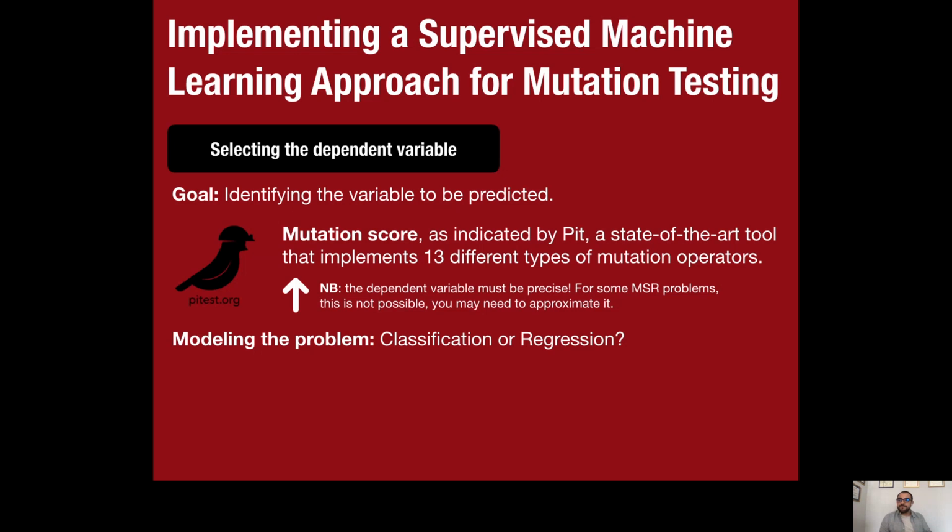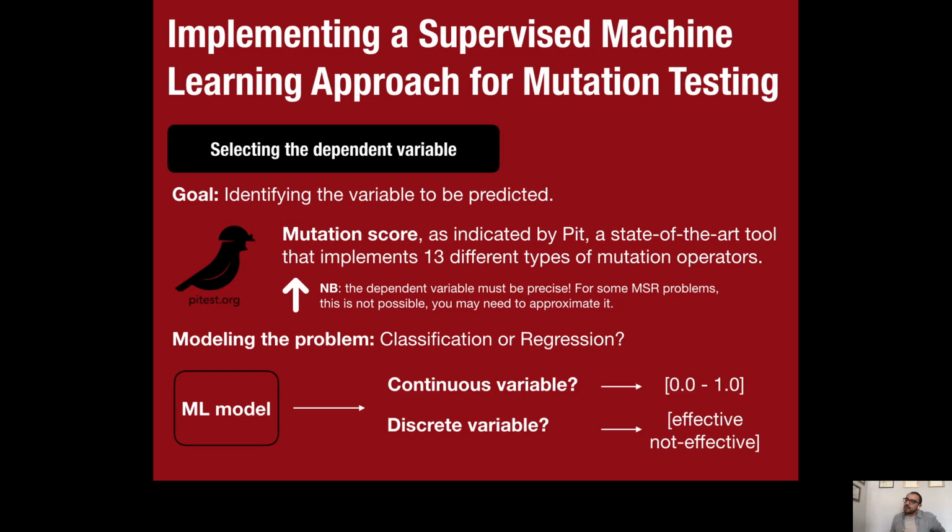In the second step, after selecting the variable of interest, you want to model the problem. And the problem is generally modeled as a classification problem or as a regression problem. What does it mean? It means that based on the dependent variable, you have to understand what you want to predict in practice.